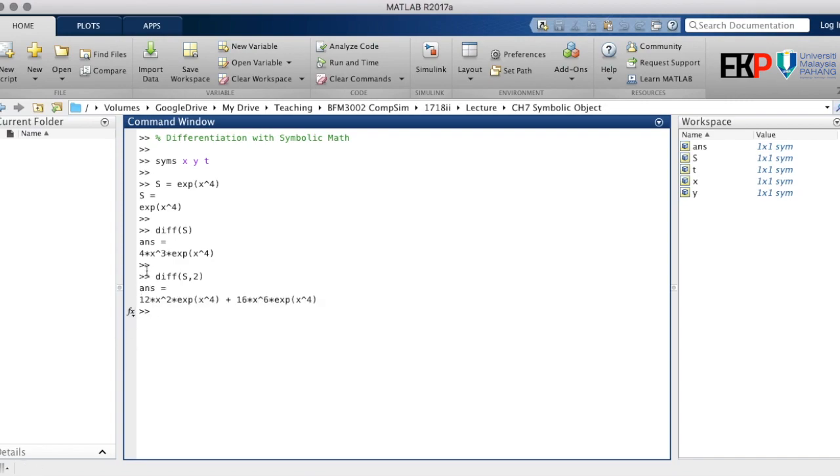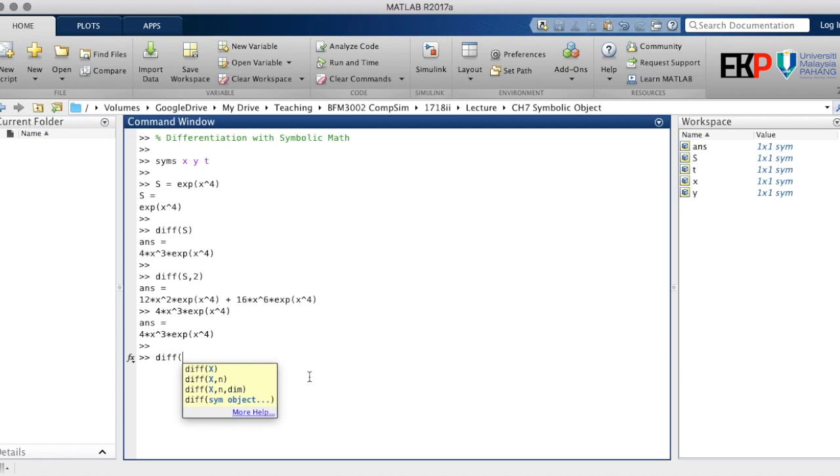When we press enter, we see that this expression here has been differentiated one more time to obtain 12 times x to the power of 2 times exponent of x to the power of 4 plus 16x to the power of 6 times exponent of x to the power of 4. We can also type the equation directly within the differentiation command.